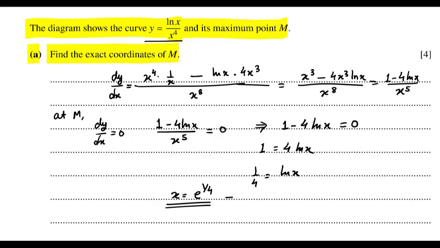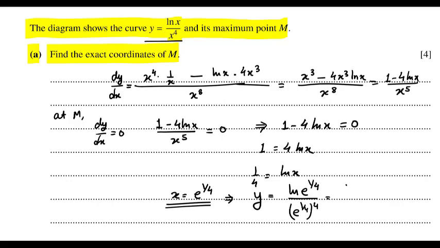So y is ln of e to the power 1 by 4 over e to the power 1 by 4 whole to the power 4, and we can use this property: ln a to the power b is b into ln a.